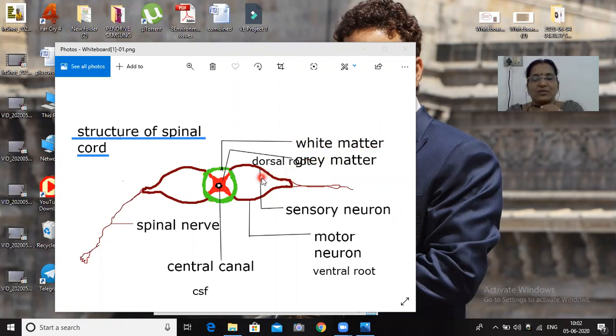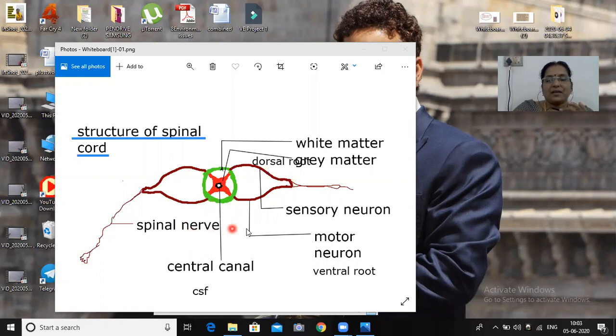In the case of spinal cord, white matter is present outside and gray matter is present inside. What about the cerebrum? Yes, just opposite. White matter is inside and gray matter is outside, of course.